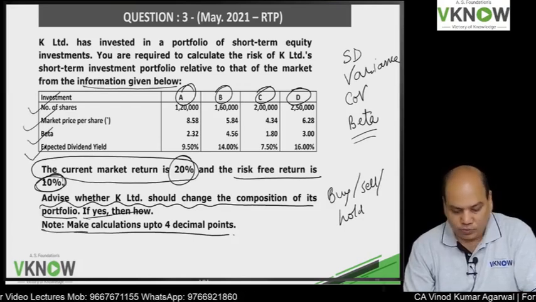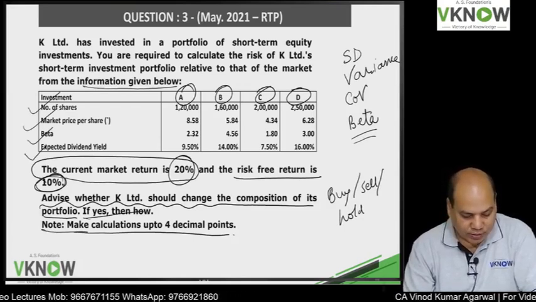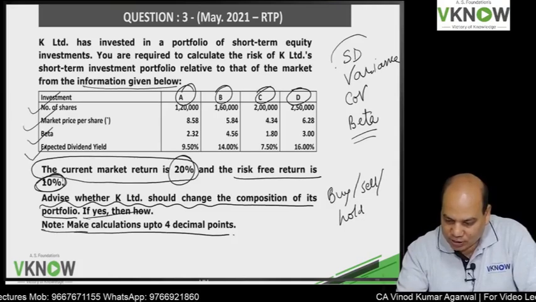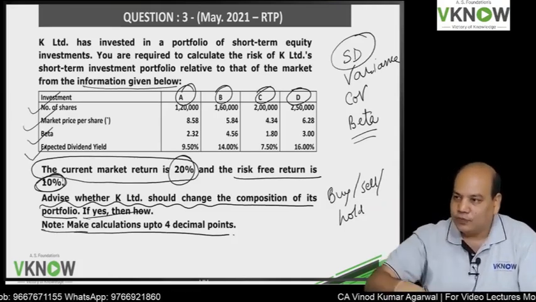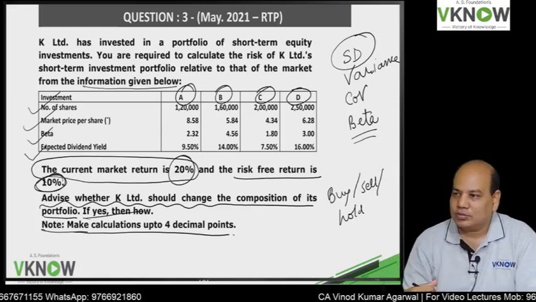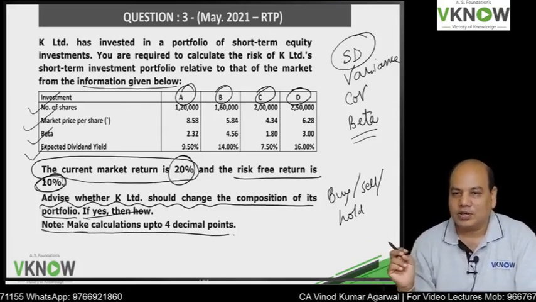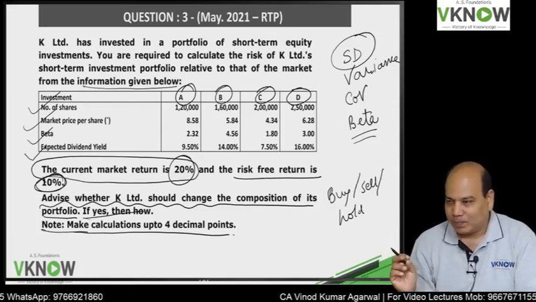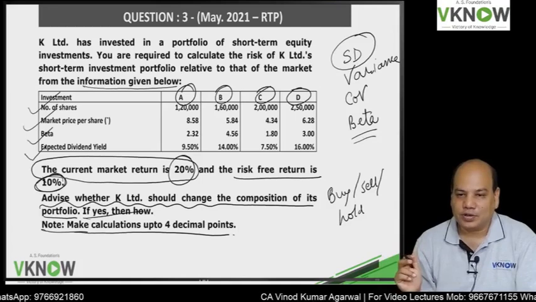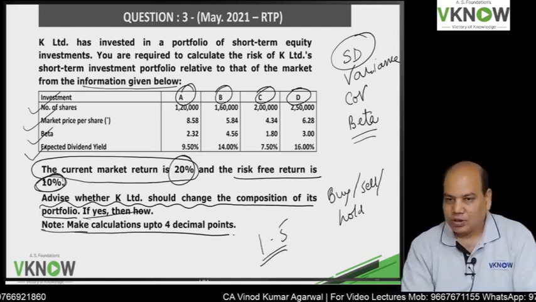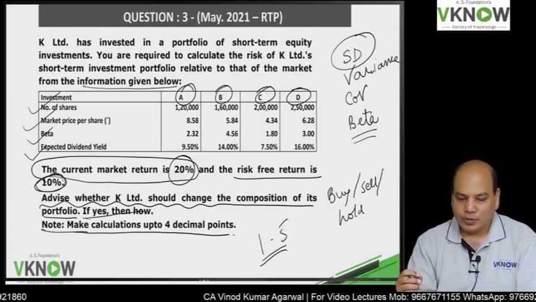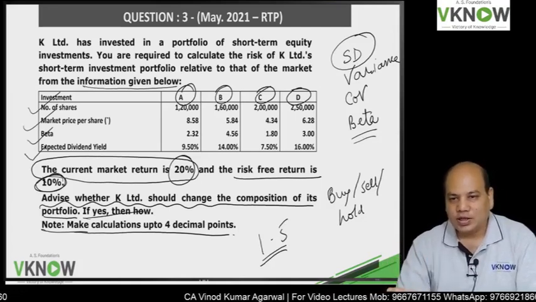So my question you have not yet answered. Some students have said standard deviation. The answer is no. Standard deviation measures the total risk of a portfolio or a stock. It is not a relative measure of risk. Beta is a relative measure of risk. A beta of 1.5 says that the stock or portfolio is more risky than the market.